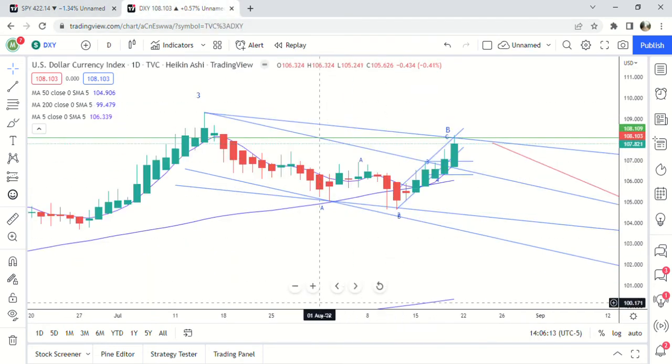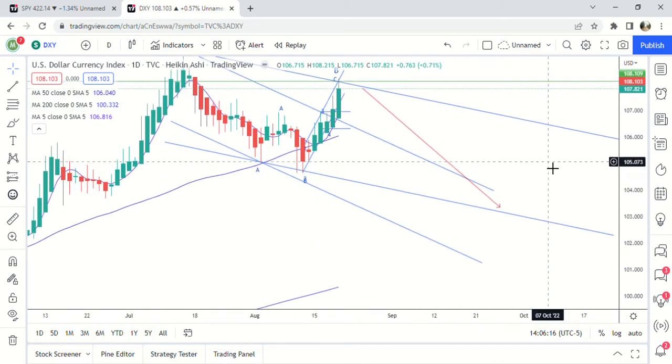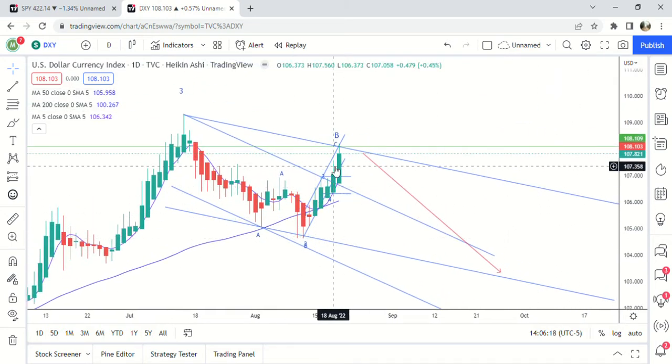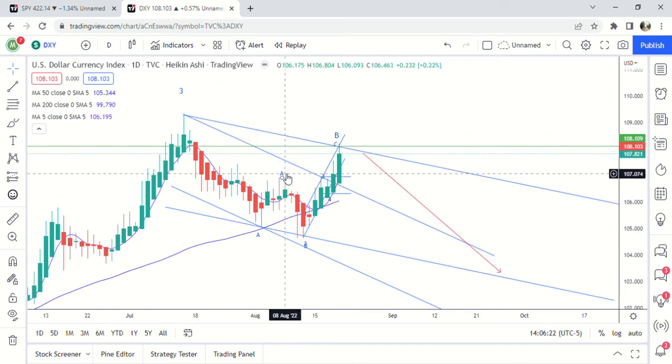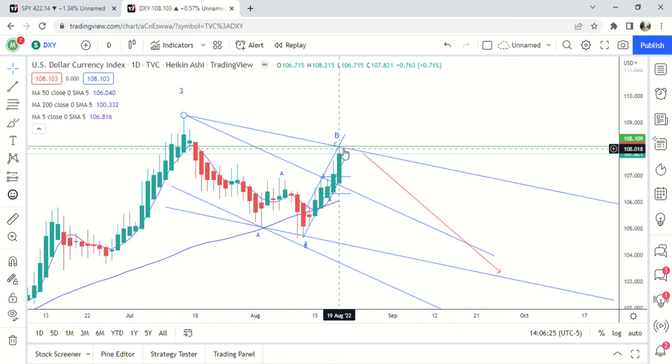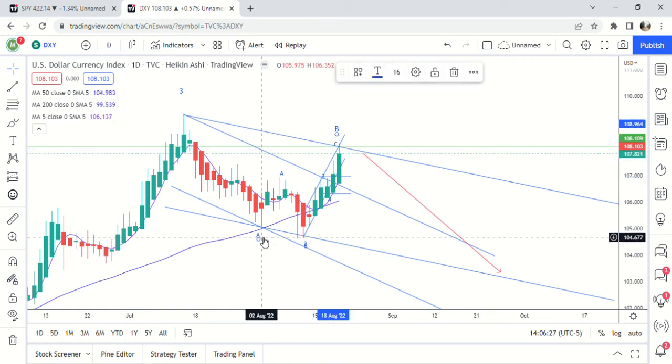And you know what? Look at the dollar right now. I've had this for at least the last couple of days as being a B wave as well. And so we have A, B, or A, B, C, B. So I'll make these bigger.